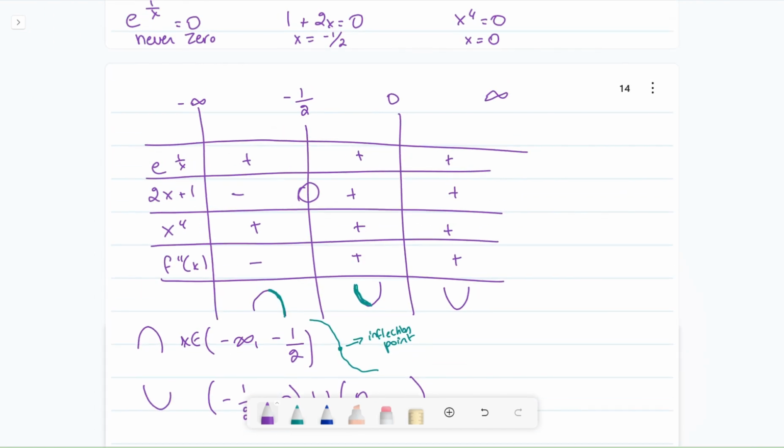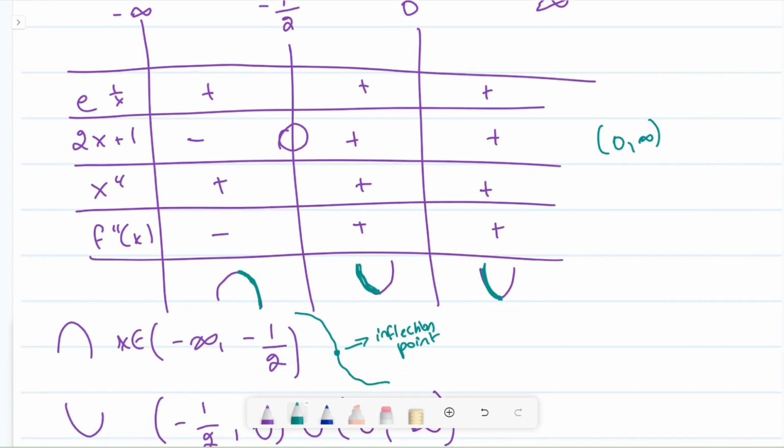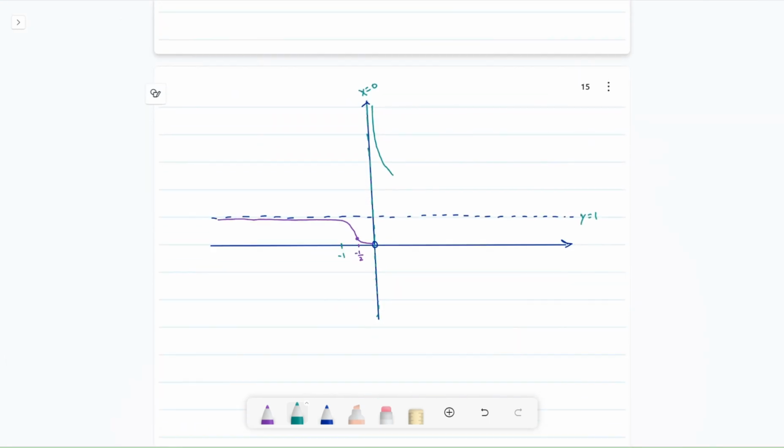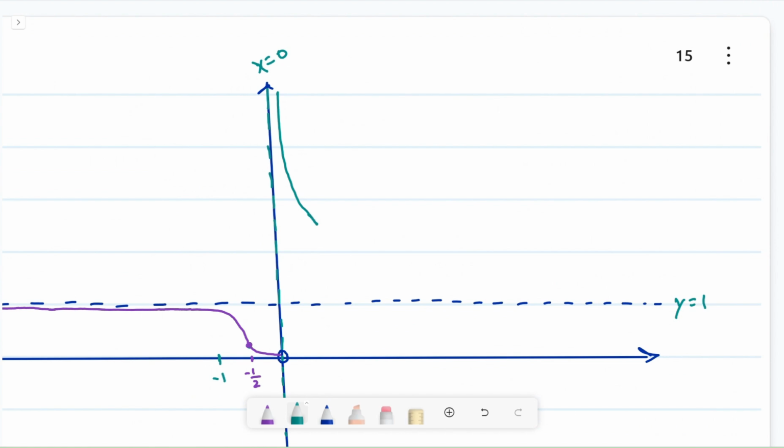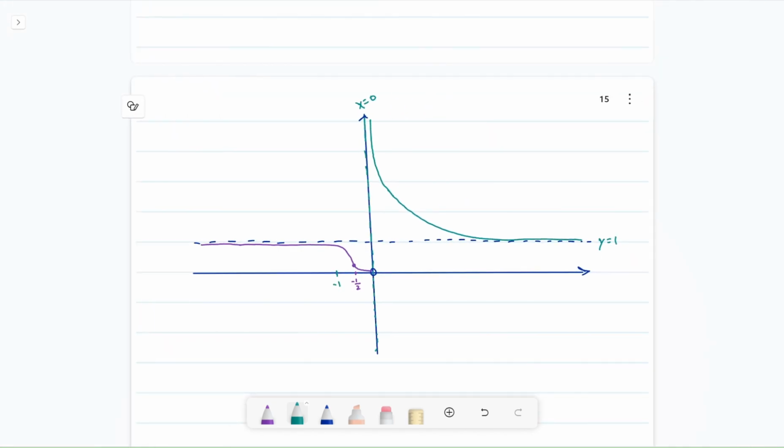So let's check the concavity from x equals 0 till infinity. So if the graph is decreasing, then we have this first part of the upward concave. So our graph will look like this. And this is how the graph of e to the power of 1 over x would look like.